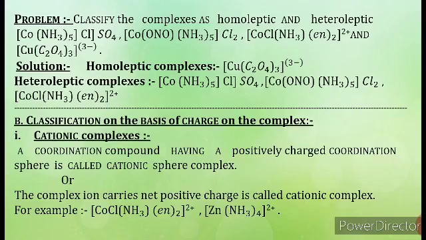Because that is the oxidation state of cobalt. But the charge present on the complex is +2, because it is the residual charge on the complex. One positive charge of cobalt is satisfied by the chloride ion. So what net charge remains unsatisfied? +2, which is on the coordination sphere. It is a positively charged sphere, that's why it is a cationic complex.